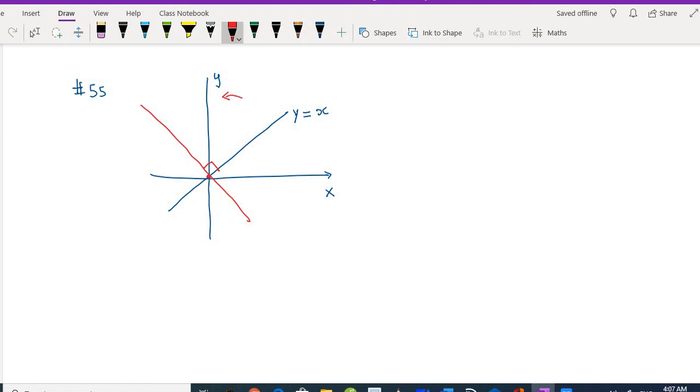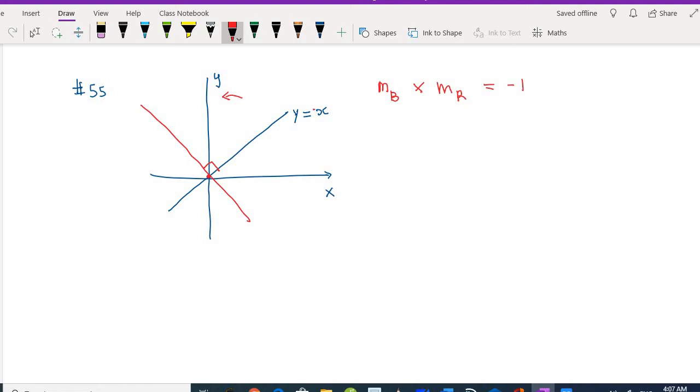Now, we can make use of our coordinate geometry. The line in blue, which is y equal to x, and the red line, they are perpendicular. So it means that the product of their gradients would be -1. So let's call the gradient of the blue line MB and the gradient of the red line MR. When you multiply those two gradients, the product is -1.